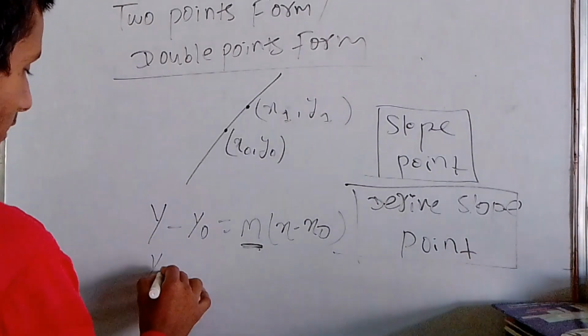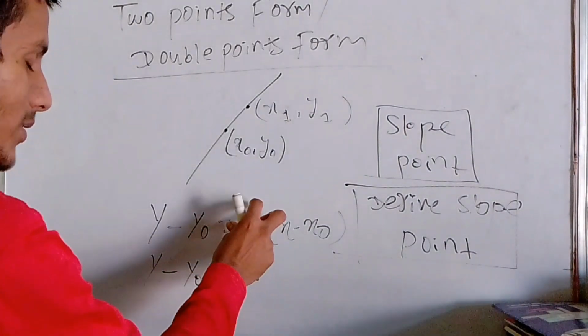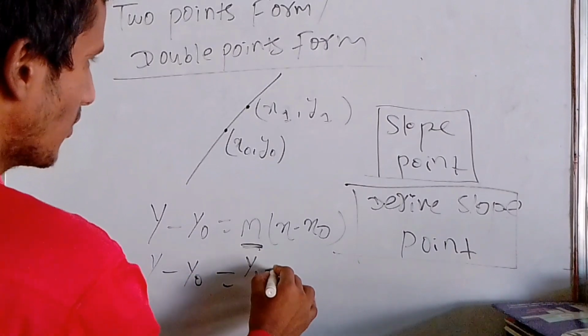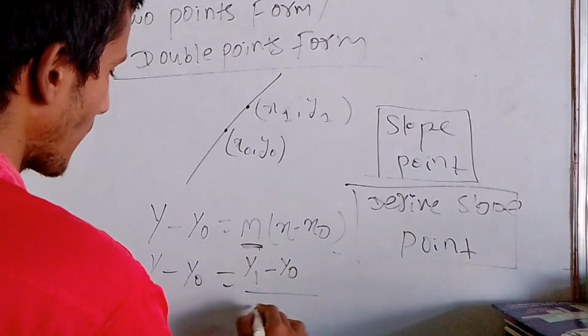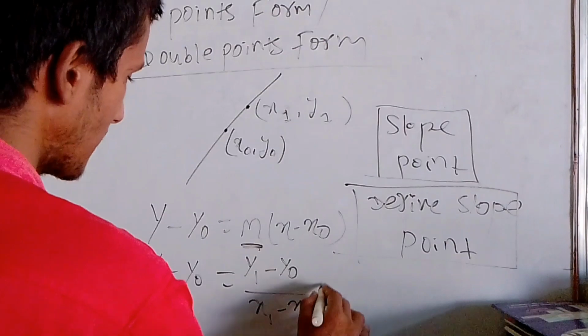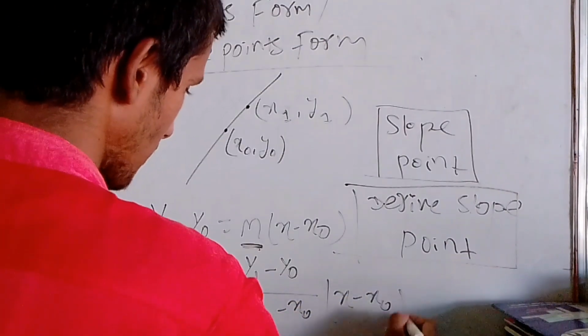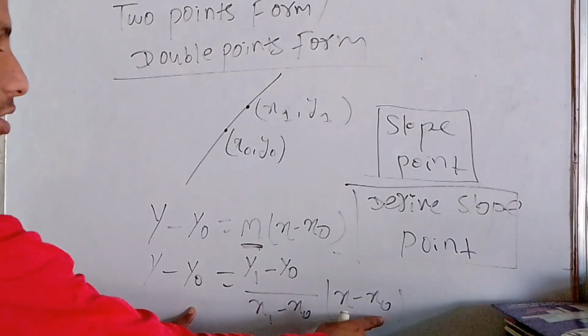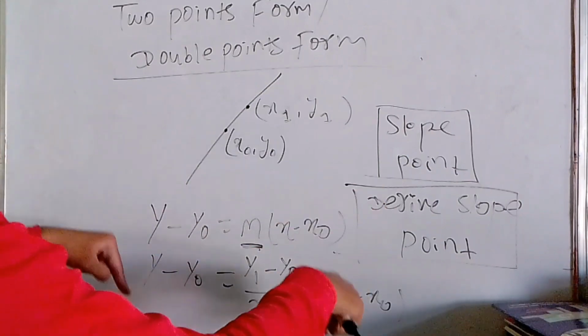So it will be y minus y naught, the same equation, but the slope we will derive using these two. It means, let's call it y1 minus y naught divided by x1 minus x naught times x minus x naught. Okay, so we use the point y naught and x naught to plug into it.